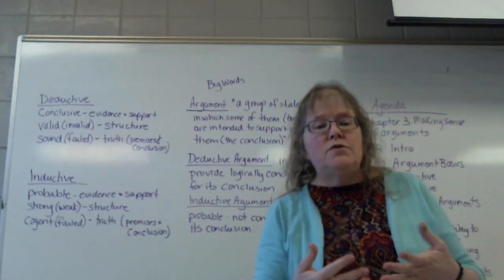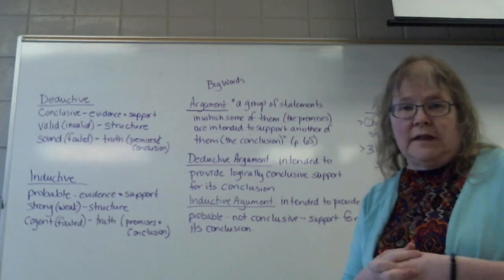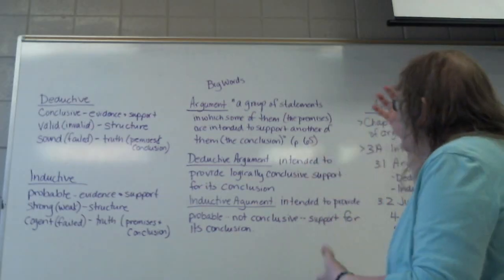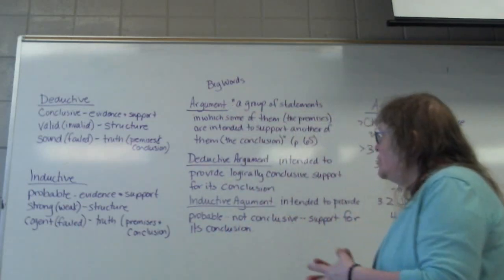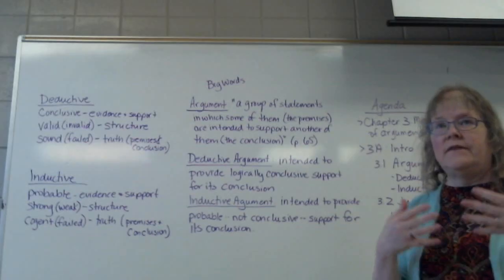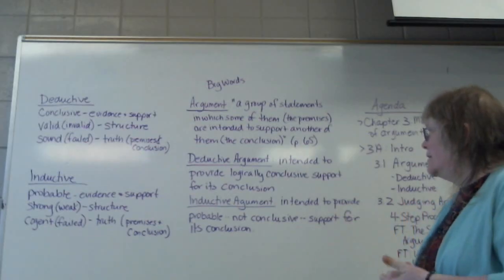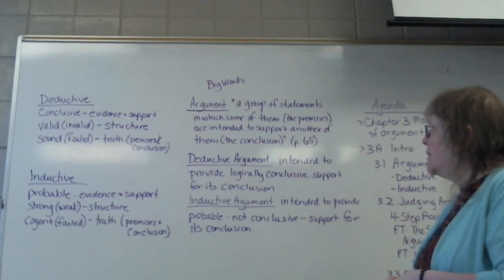When you write these out for a test, please don't leave those out. They're not optional, okay? This is the quotation marks, beginning to end, right? So make sure that you're actually using all the words from the definition in the book, okay?